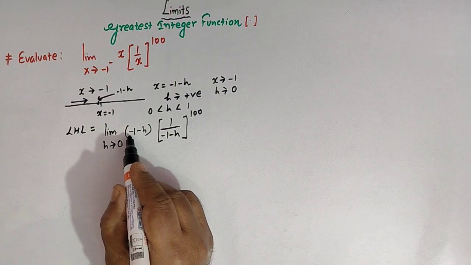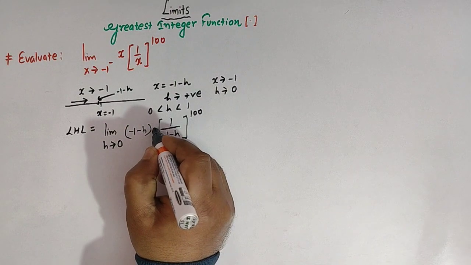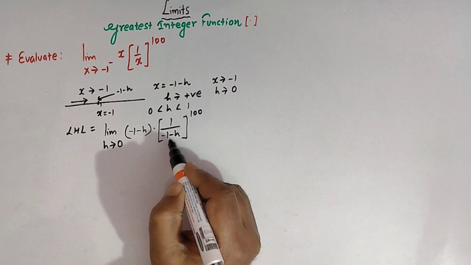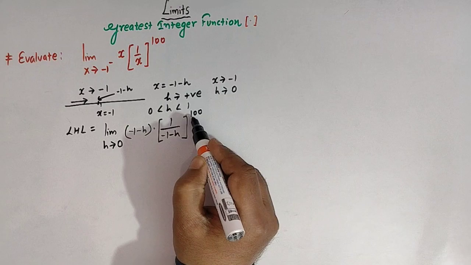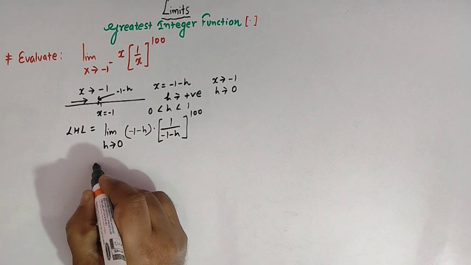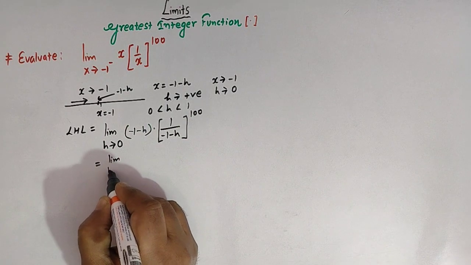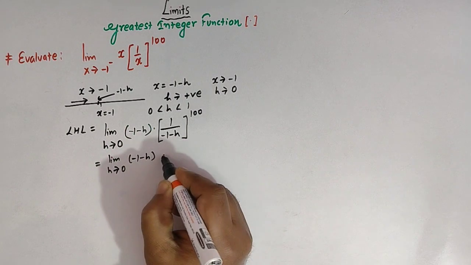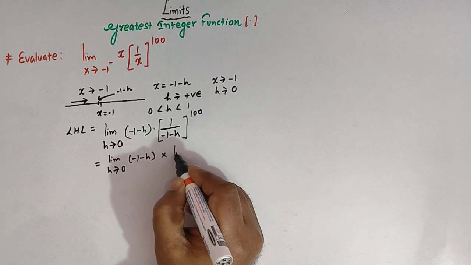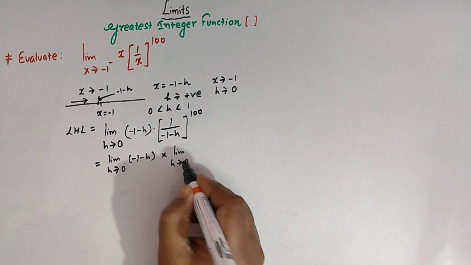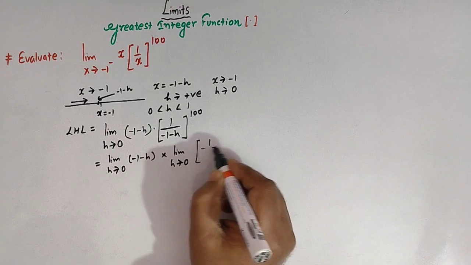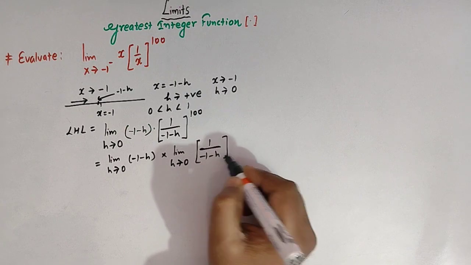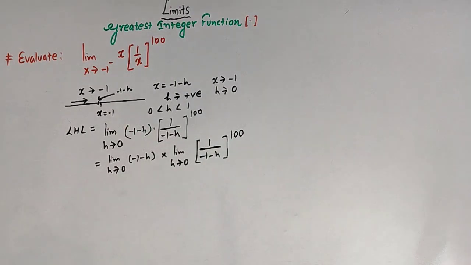The first function is minus 1 minus h, and the second is the greatest integer of 1 over minus 1 minus h, raised to 100. So we can write limit h tends to 0 of minus 1 minus h, multiplied with limit h tends to 0 of the greatest integer of 1 over minus 1 minus h, raised to 100.